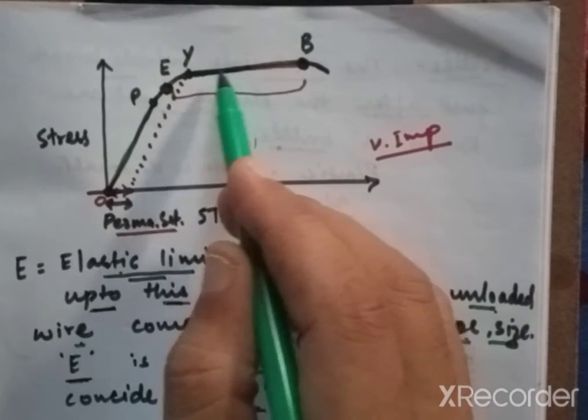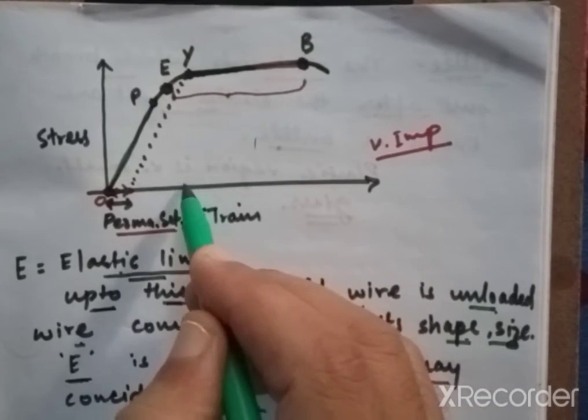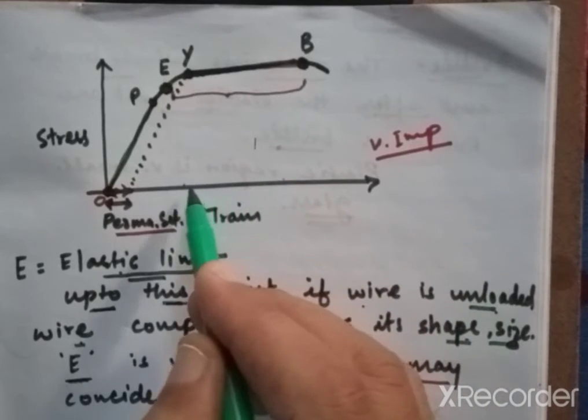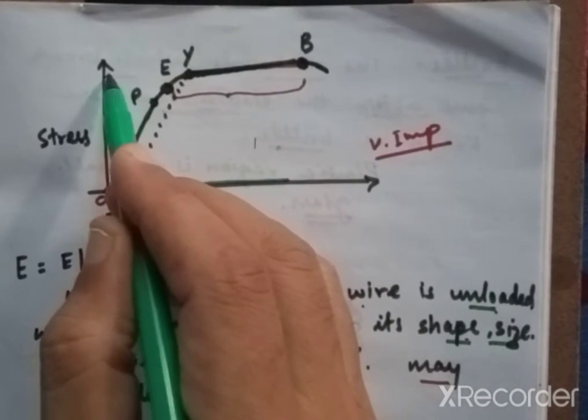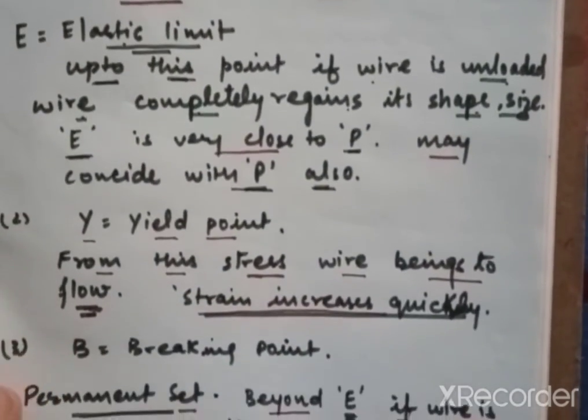Flow means, you can see here that after the yield point, the graph shows that the strain rate is greater, that the strain is larger and larger for a smaller and smaller value of the stress.